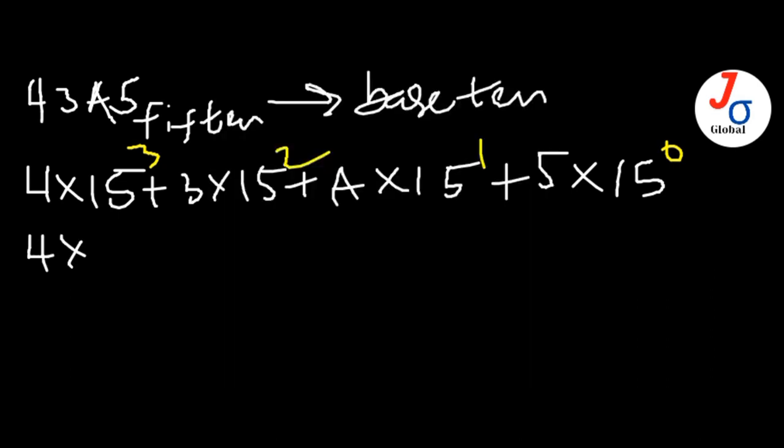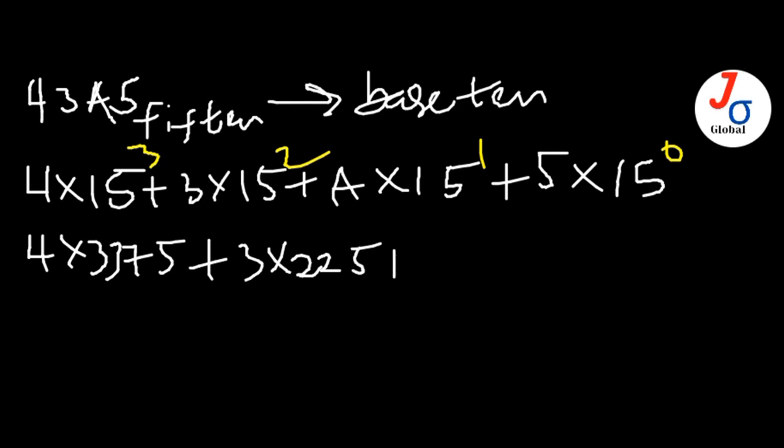Okay, so then you have 4 times 15 to the power of 3, which is 3,375, plus 15 to the power of 2, which is 225, plus A. We know that A is equal to 10.